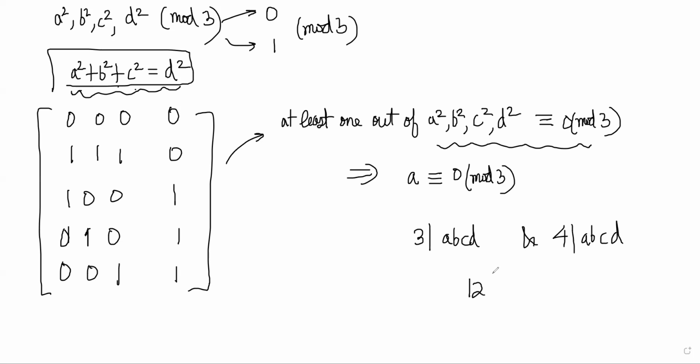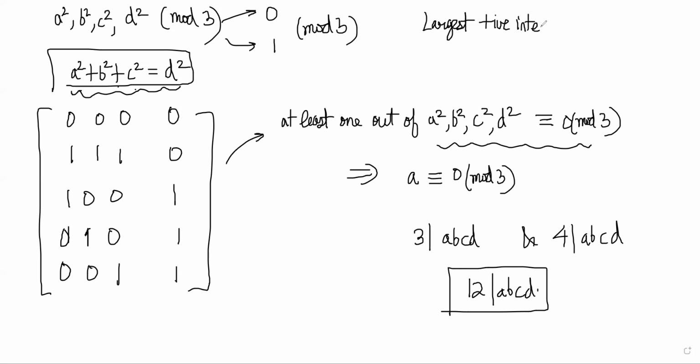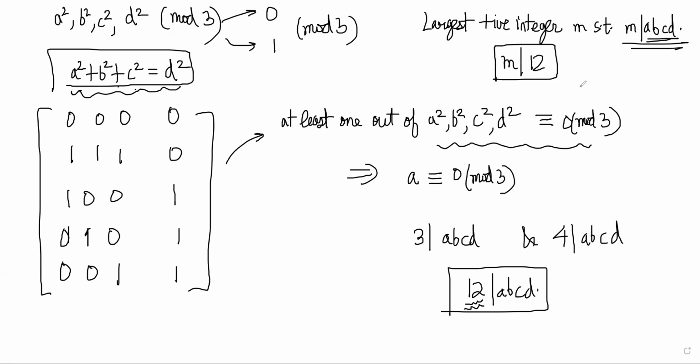This implies that 12 divides abcd. What we have to find is the largest positive integer m such that m divides abcd. So one candidate for us is 12, by the way. Since 12 divides abcd, we should have that m divides 12 for sure.